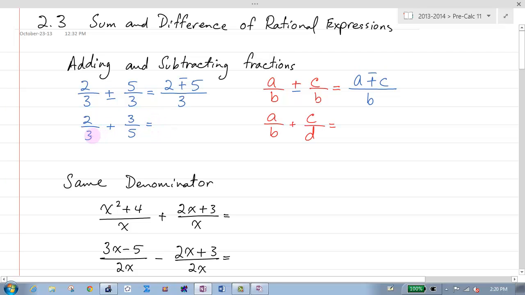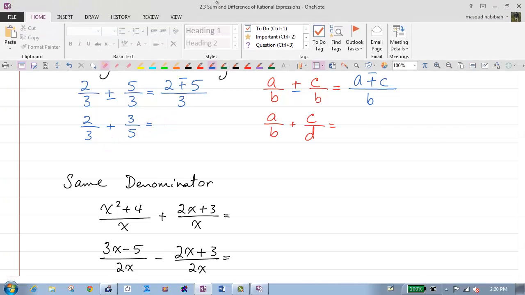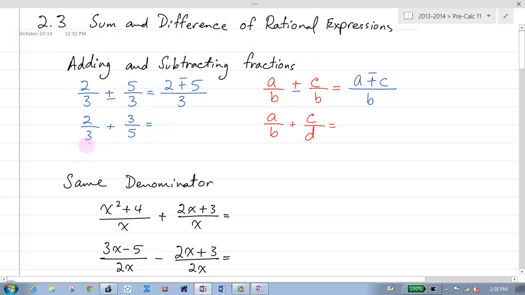Now, another type of addition of fractions is when we have different denominators, or unlike denominators. For doing unlike denominators, I need to make a common denominator. So what I will do is find an LCD, lowest common denominator, or just the common denominator.